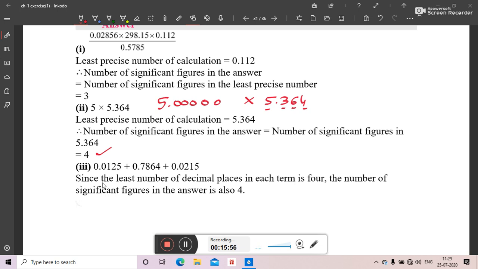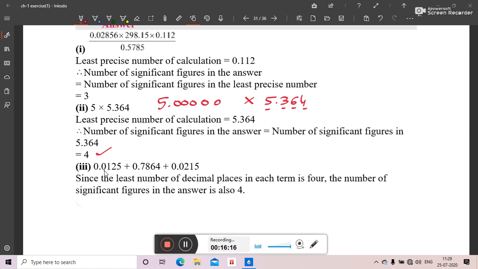While in case of addition, like over here 0.0125 is there, plus 0.7864, plus 0.0215. So in case of addition, you don't have to see all the digits. In addition, we just have to see which has the least number of decimal places.